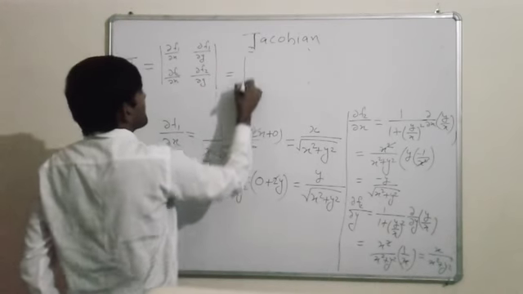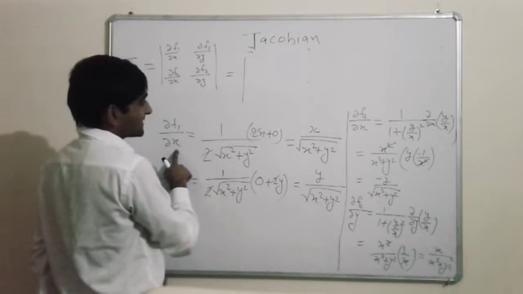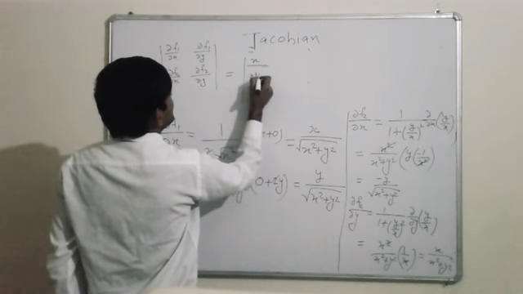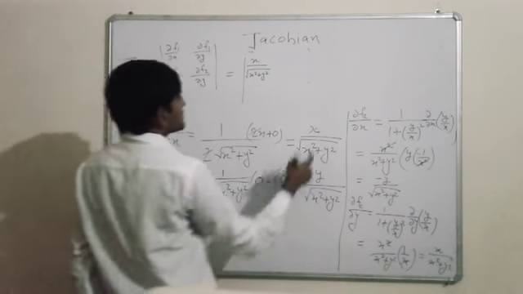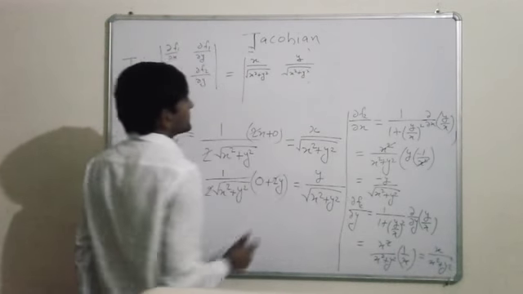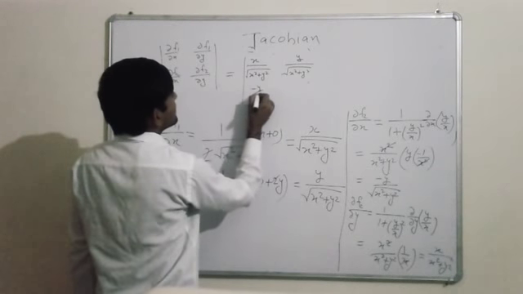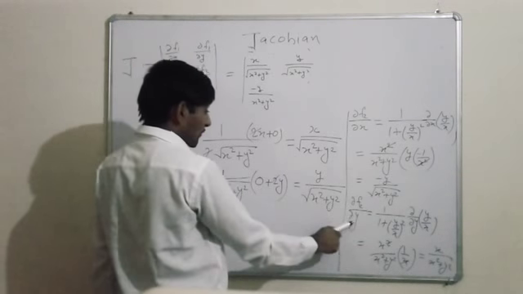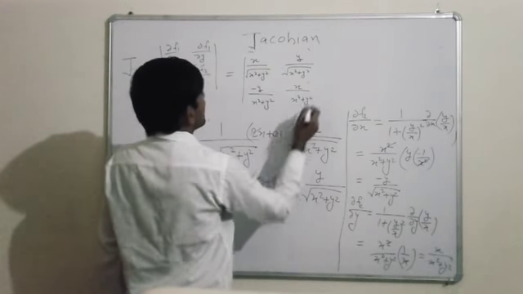This is: ∂f1/∂x is x over √(x² + y²), ∂f1/∂y is y over √(x² + y²), ∂f2/∂x is minus y over x² + y², and ∂f2/∂y is x over x² + y².